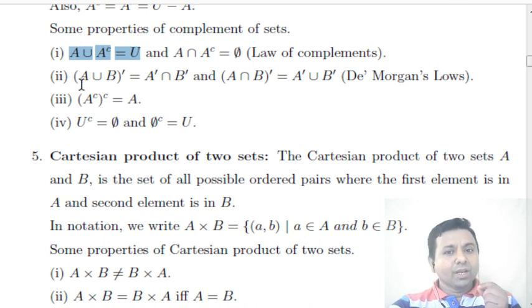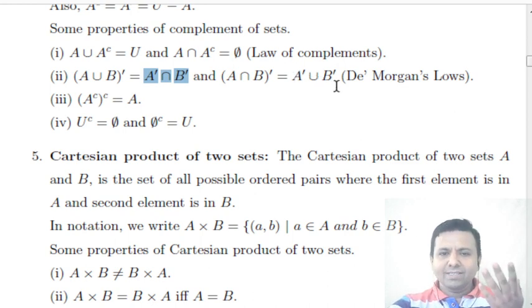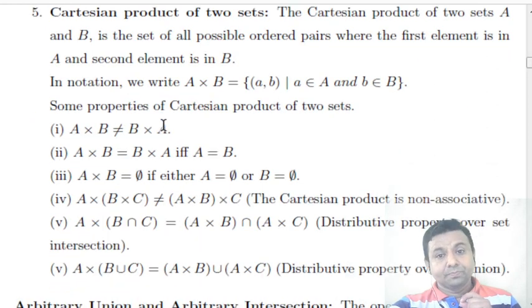A union B whole complement equals A complement intersection B complement, and A intersection B whole complement equals A complement union B complement, the well-known rule, De Morgan's law. Also we have A complement's complement equals A. Also we have U complement equals phi and phi complement equals U.